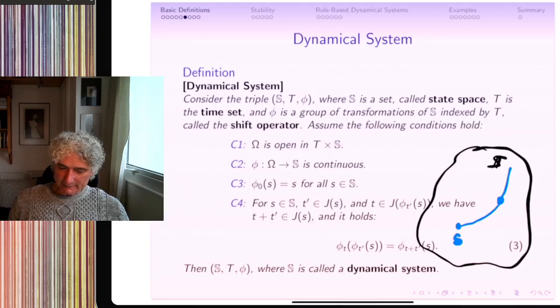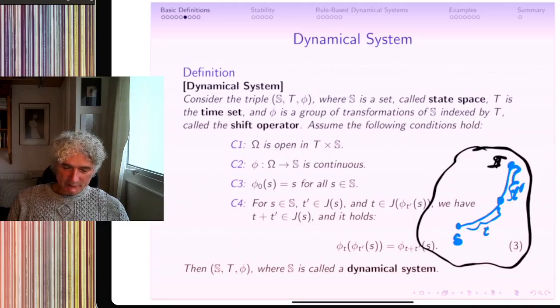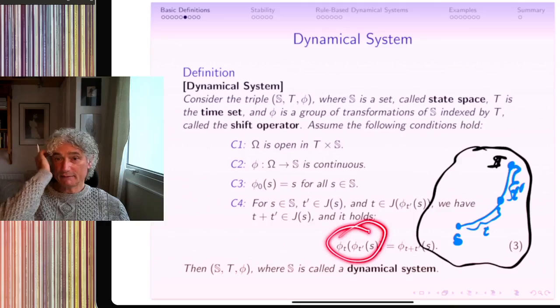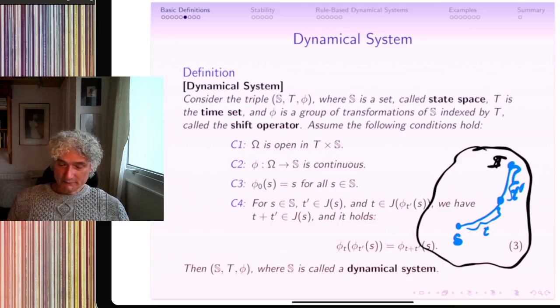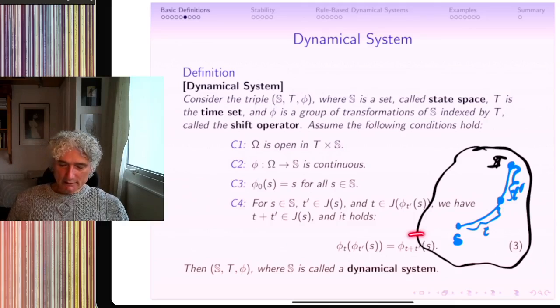So this here was taking up time t, and here this was taking up time t prime. And now you say, instead of stopping here, which was the condition given on the left-hand side of this equation, and then going up here, you could also have gone the whole way through just in one go. And this is exactly what is here on the right-hand side. And if this condition is now satisfied, then we say the triple S, T, phi is called a dynamical system.